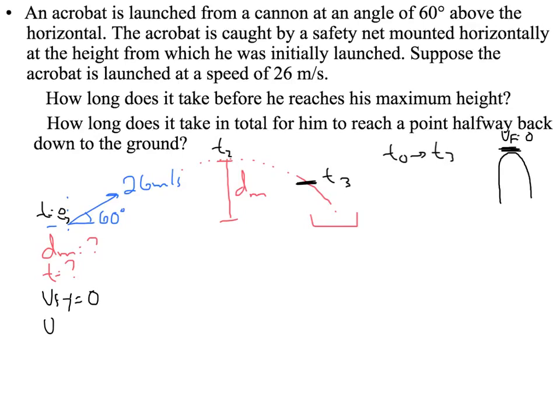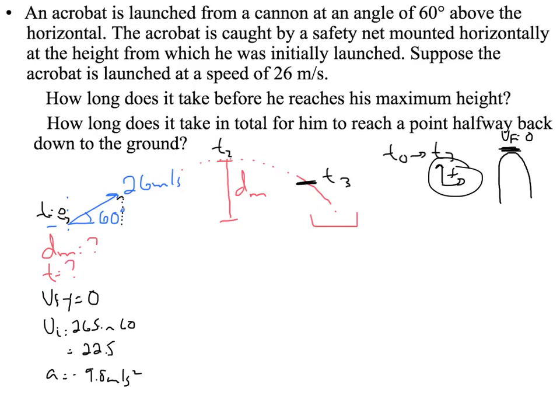Okay, VI is going to be the vertical component of 26, so it's going to be 26 times sine 60, which equals 22.5. T is the question, and A is going to be negative 9.8 meters per second squared, because we are going to say right and up is positive.